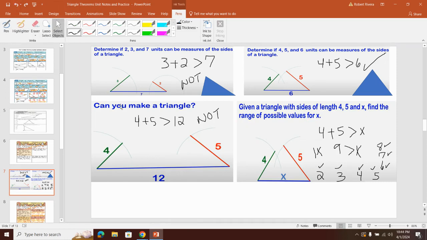Let me rewrite this. So we know that x, let me get the pen again. X has to be less than 9. Why? Because 4 and 5.